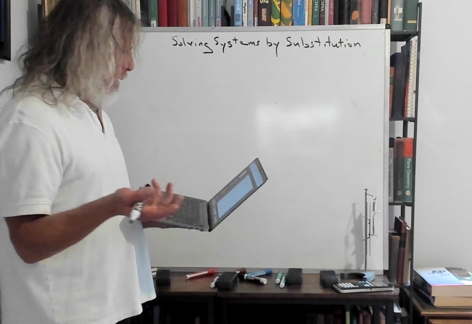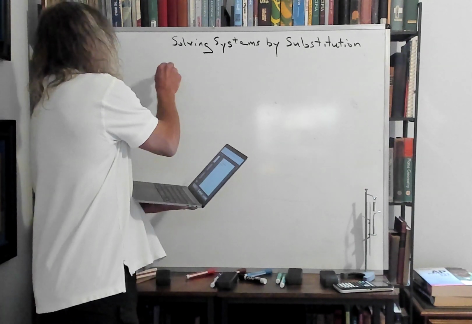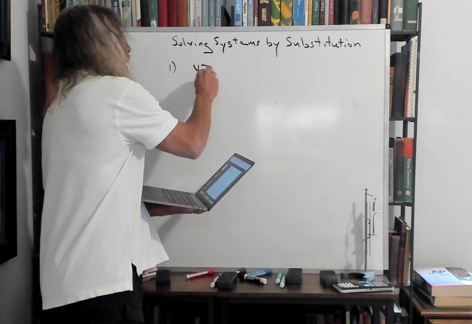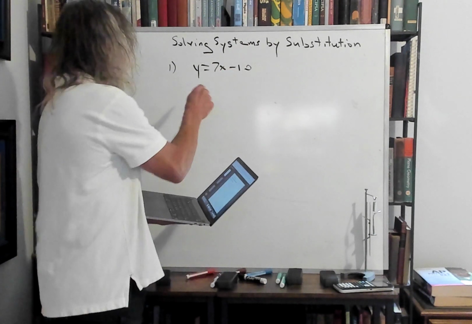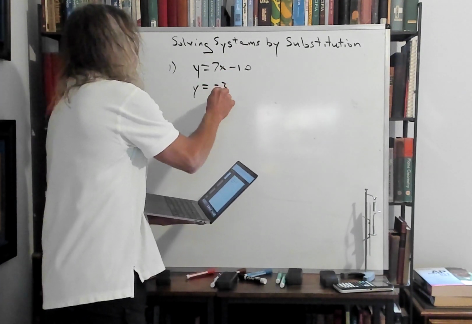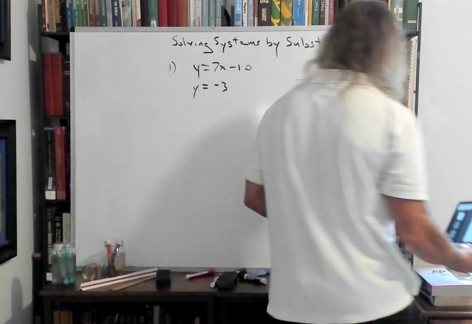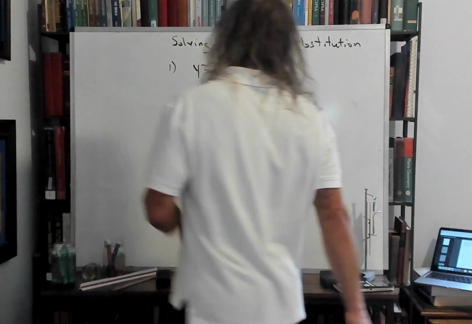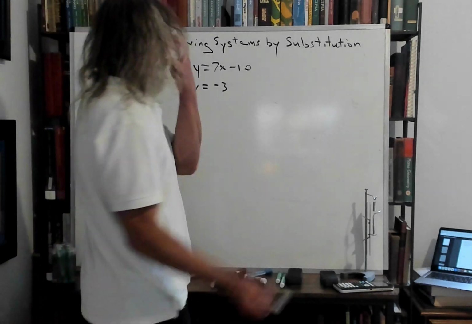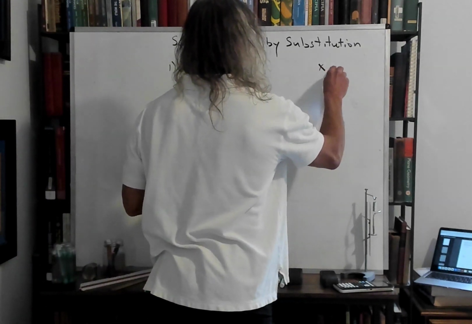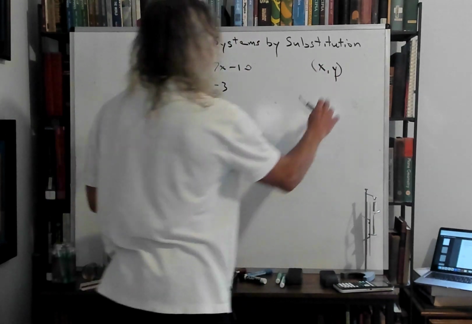Like, say, example 1, y equals 7x minus 10, y equals negative 3. So we want to try to find an ordered pair, x, y, if we can.